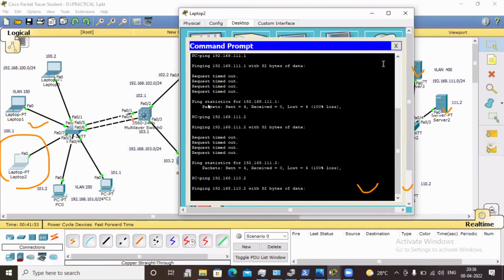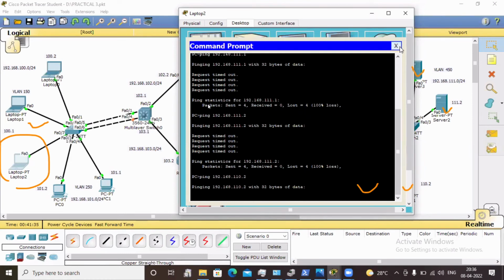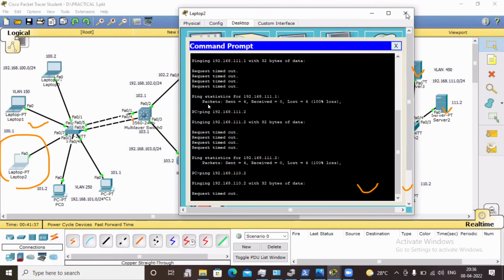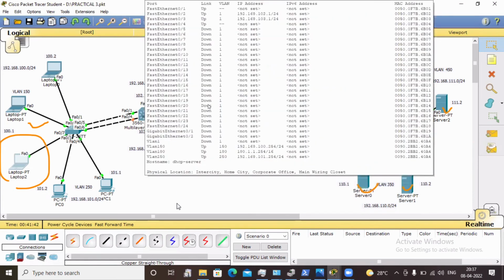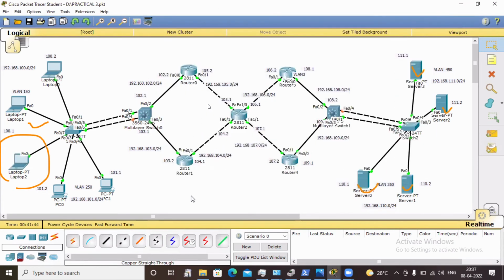Sir, I think we need to add the network 180.1.1.0 to the multi-layer switch. It is already there, no? We have created the layer 3 VLAN interface, correct? Yes, sir. So that network is already connected.